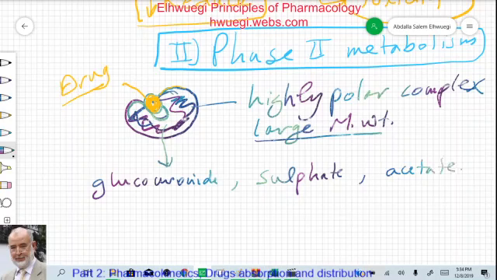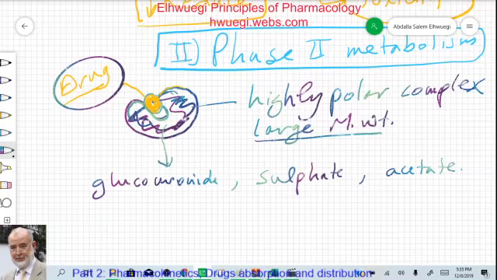Okay? So drug molecules combine with the glucuronide molecule or sulfate molecule or acetate molecule to form a highly polar complex with large molecular weight which cannot be reabsorbed.